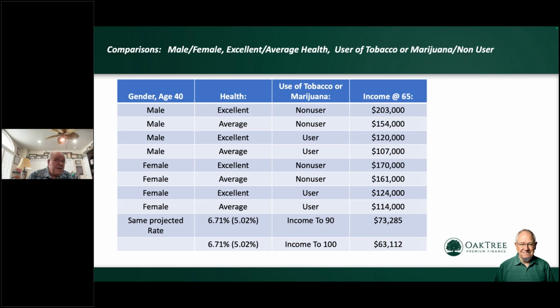If you're male and average and a user, it'd been 107. And if you're female, excellent, non-user, 170. You can read all through those. But anyway, they're all better. They're all still higher than the income to 90 approach or the income to 100. So even if you aren't that excellent health-wise, Kaizen works.